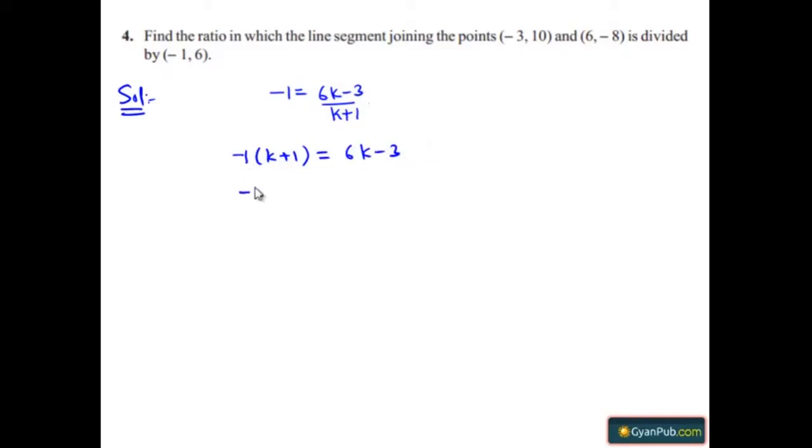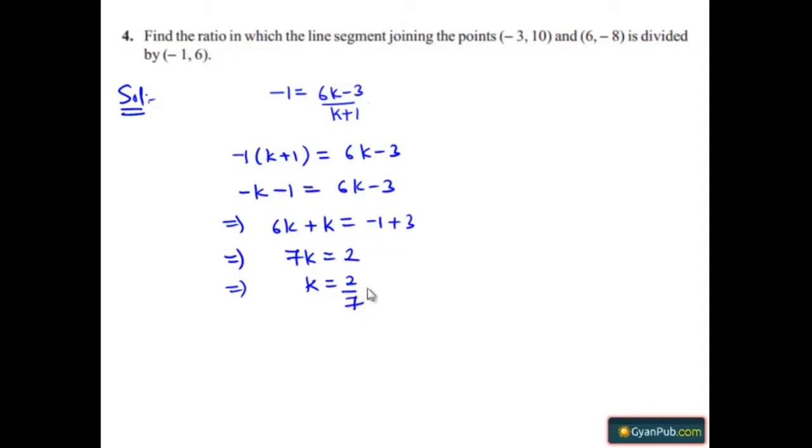Expanding, we get -k - 1 = 6k - 3. This implies 6k + k = -1 + 3, so 7k = 2, which means the k value is 2/7.